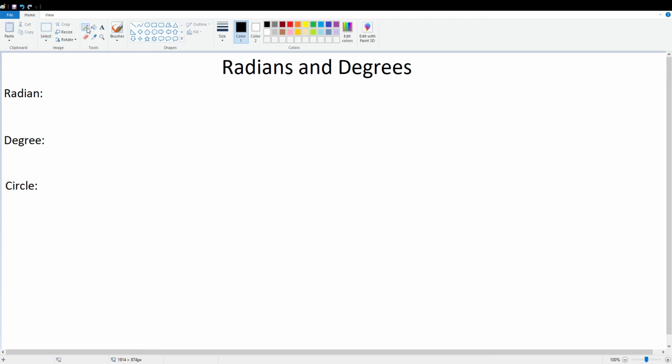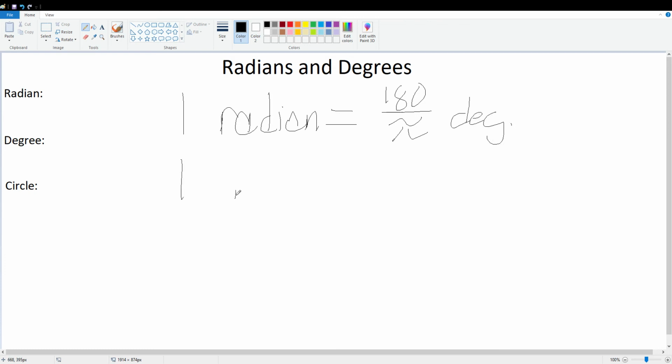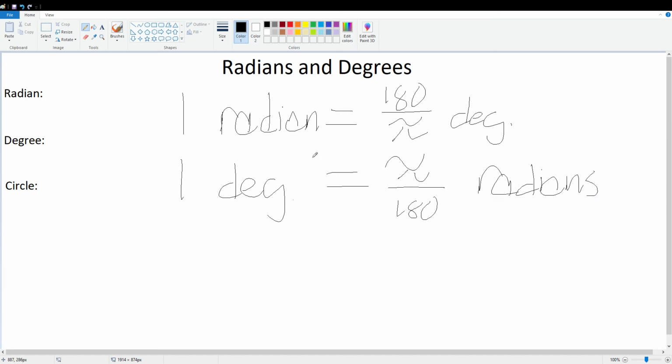In order to convert, 1 radian is equal to 180 over pi degrees, and likewise, 1 degree is equal to the reciprocal of that, pi over 180 radians.